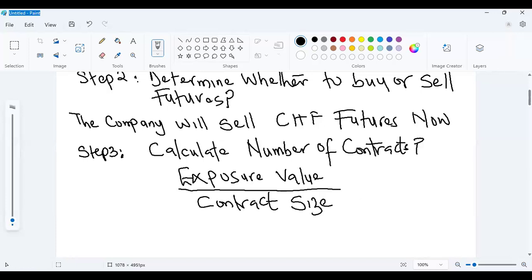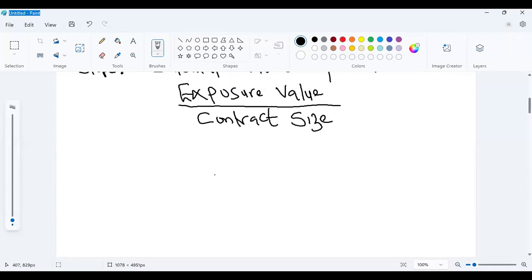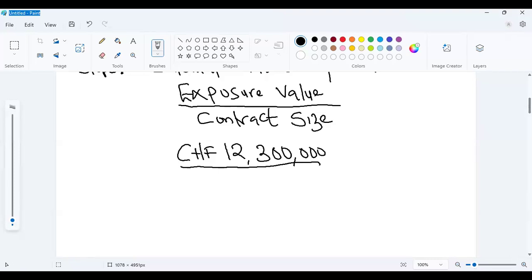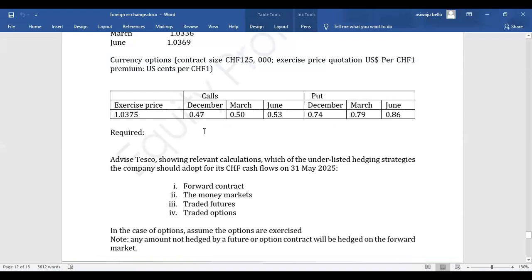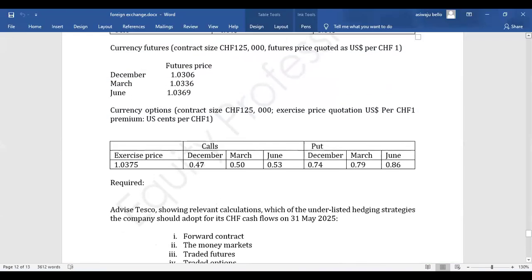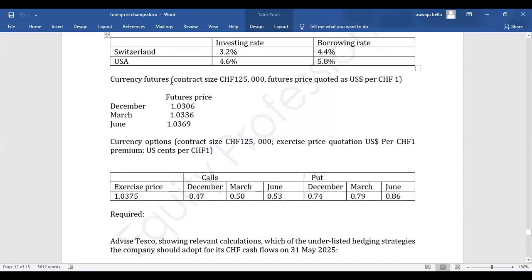Our exposure value, how much are we expecting in 6 months' time? We are expecting 12,300,000, divided by, now go to the question. Under futures market, look at here, please.